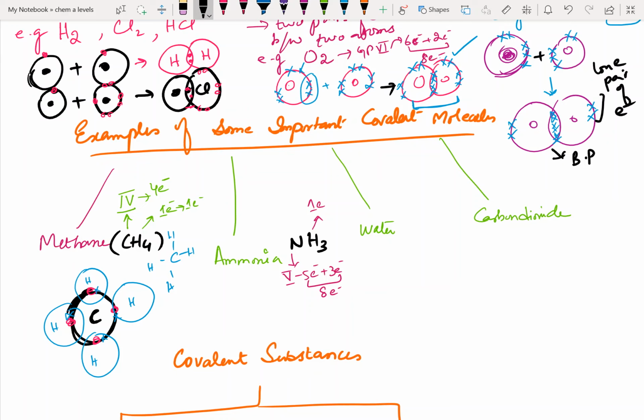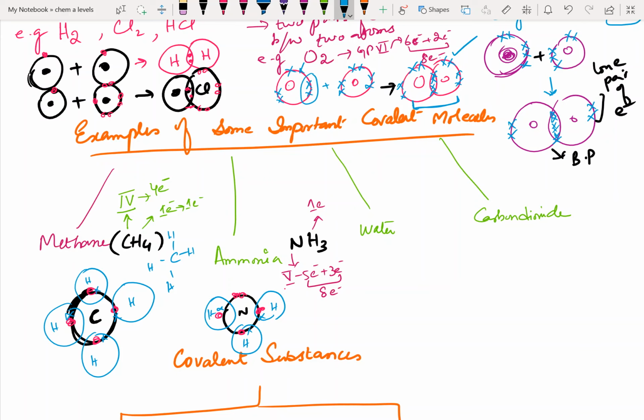Nitrogen will be in the center with 5 electrons in the outermost shell, out of which 3 are shared. So 3 will be drawn like this for sharing purposes, separate, and 2 which are not shared. Each of them is shared with hydrogen. This is how ammonia is formed.